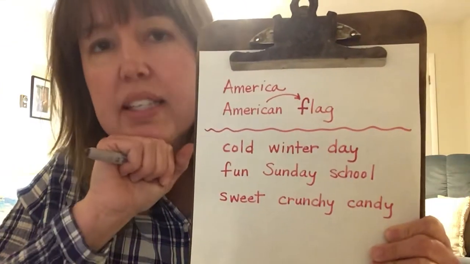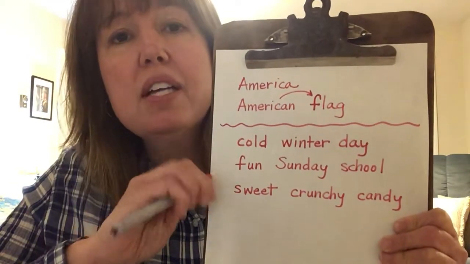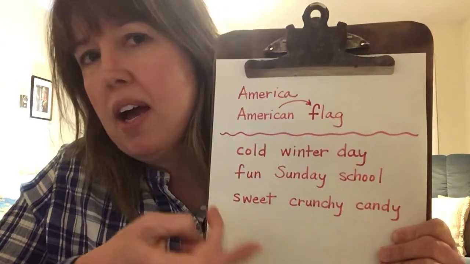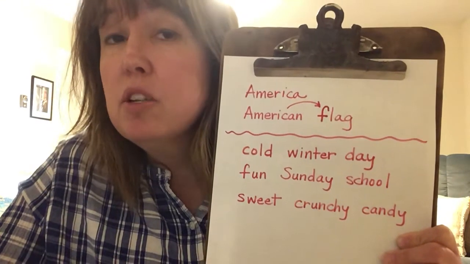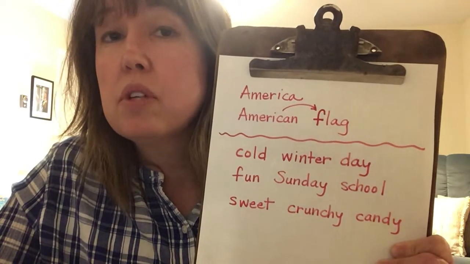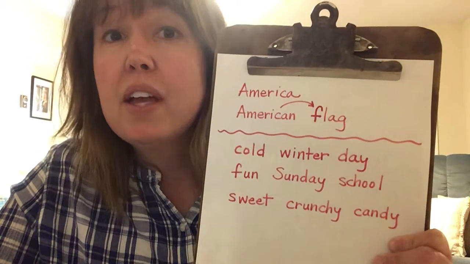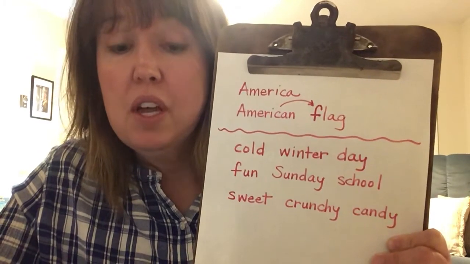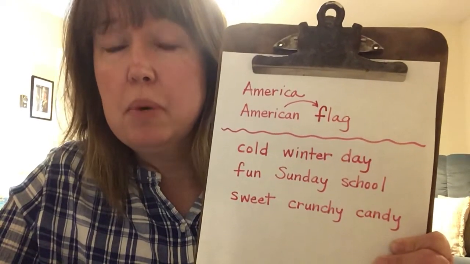Now, the test is, ask yourself two questions. Okay, the first test is, if I switch the adjectives, will it still make sense? And if it still makes sense, then that means you can put commas between those adjectives. But if it's not going to make sense by switching those adjectives, then you do not put commas, okay? Because those adjectives almost need to be together, not separated by commas.